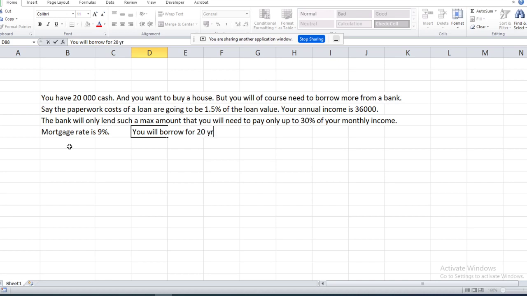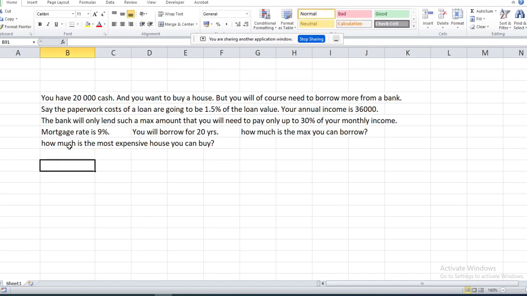Oh my God, a loan of 25 years seems a bit daunting. Seems a bit too hard. Okay, 20 years. Let's say how much is the max you can borrow, and how much is the most expensive house you can buy. These two questions.